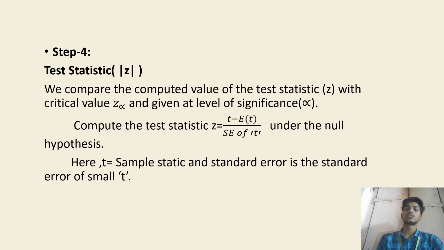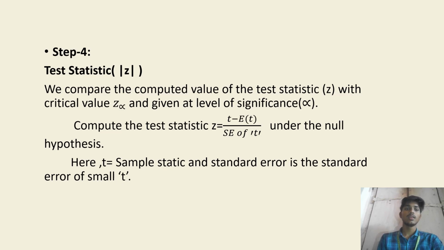The computed test statistic is Z equals T minus E of T by SE of T under the null hypothesis. Here T equals the sample statistic and SE of T is the standard error of T.